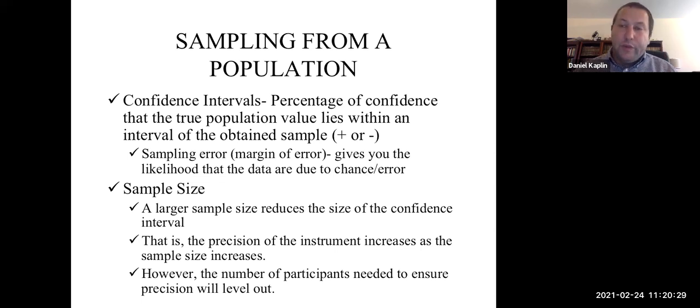And here's the cool thing. At a certain point, it actually plateaus or levels out. So we have a great deal of confidence when we have roughly 1,000 participants, assuming that it's representative and reflects a sampling frame, that it reflects a population.